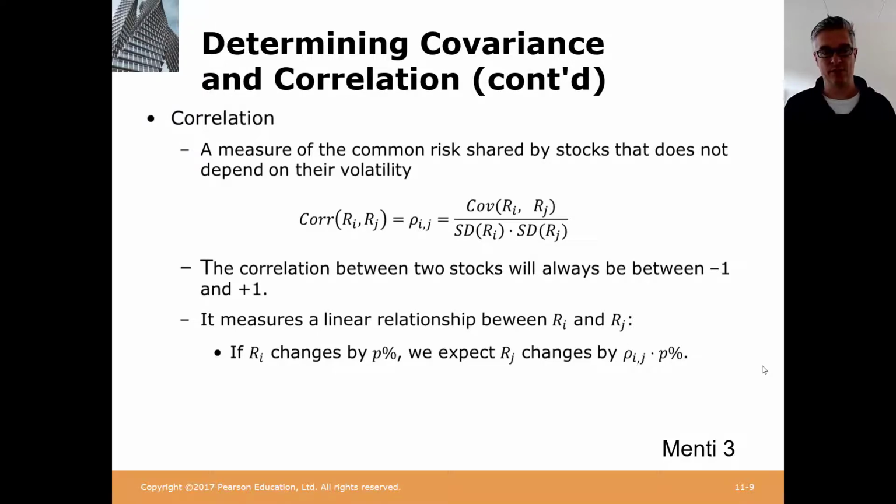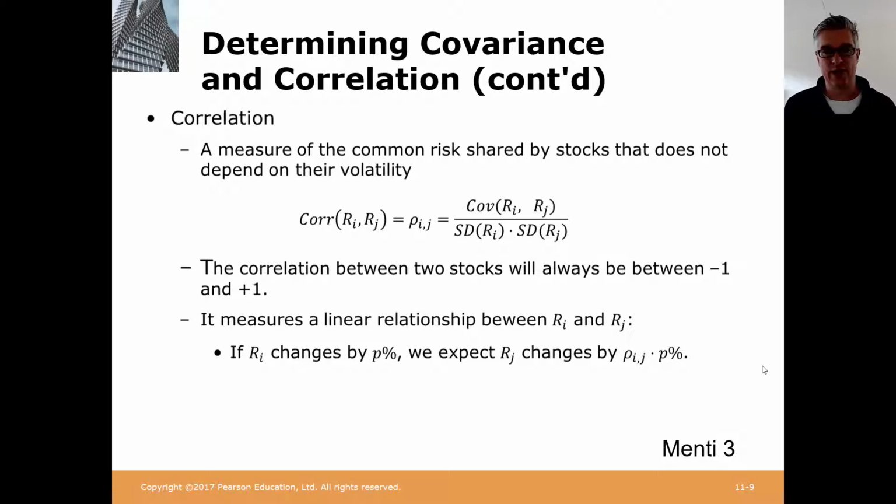Do they move together positively? Do they move together negatively? But the correlation will always be a value between -1 and +1. And -1 tells you that the stocks move perfectly against one another, and correlation of +1 tells you that the stocks move perfectly together.